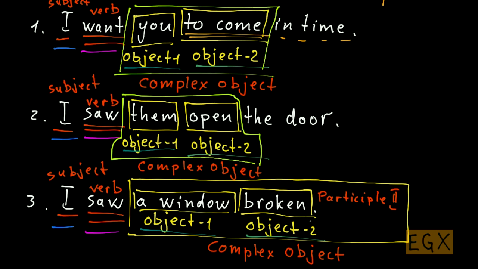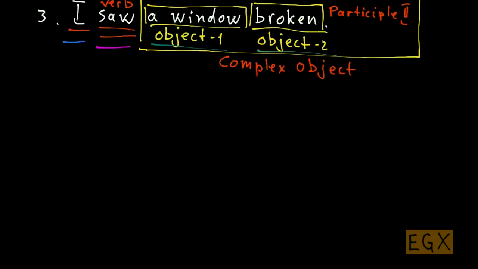So I can figure out some scheme to build my complex object. Firstly, I need subject. It can be noun, it can be gerund, or ing form.